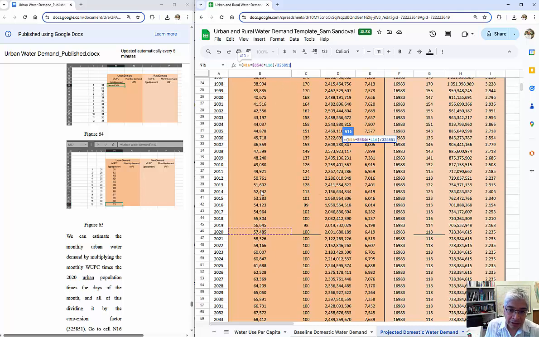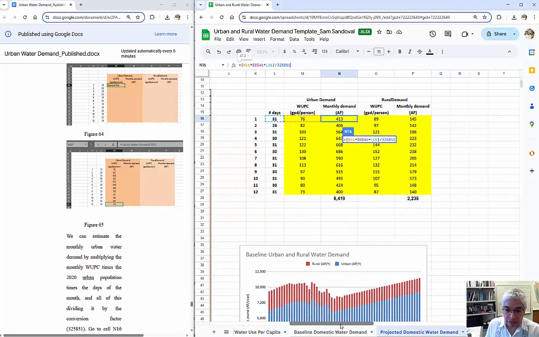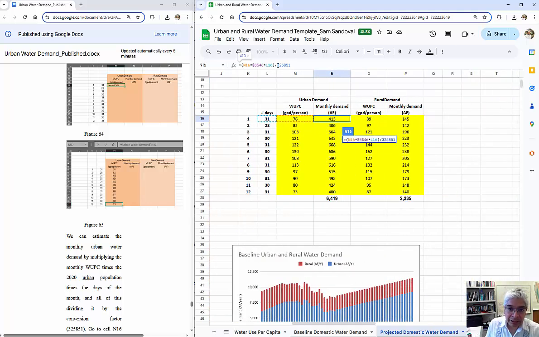2020. And so this is the population, so the water use per capita times the population on that day times the number of days, that will give us the total number of gallons, divided by this, which is the conversion factor from gallons to acre feet. It will give us the acre feet, and this will give us actually how many acre feet per month we need.